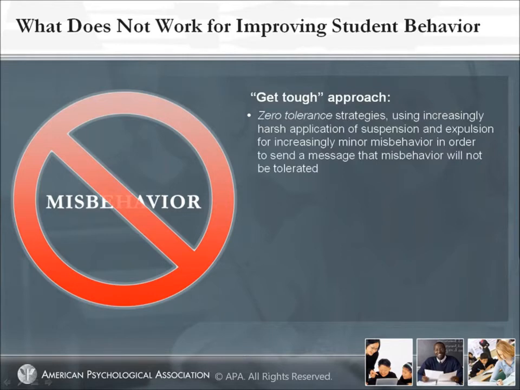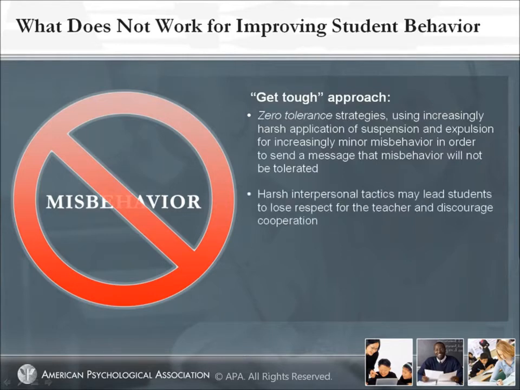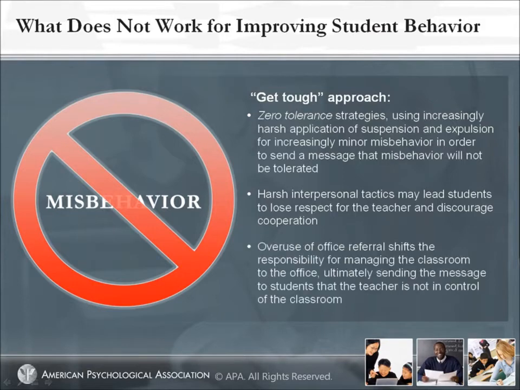Harsh interpersonal tactics may lead students to lose respect for the teacher and discourage cooperation. In addition, the overuse of office referrals shifts the responsibility for managing the classroom to the office, ultimately sending the message to students that the teacher is not in control of the classroom.